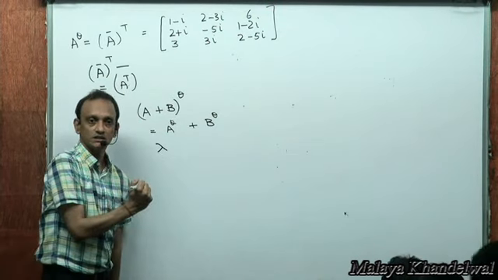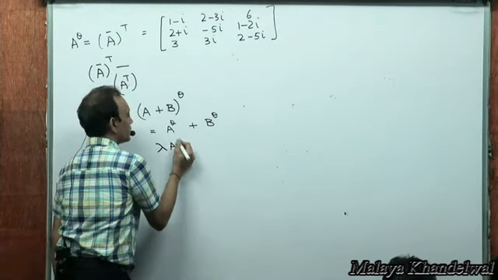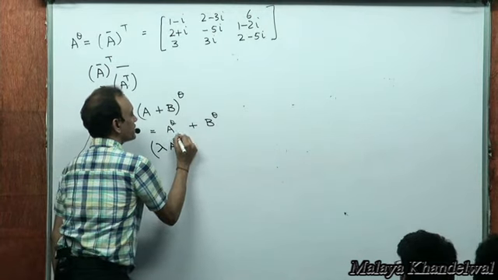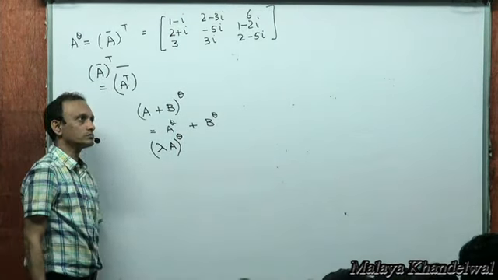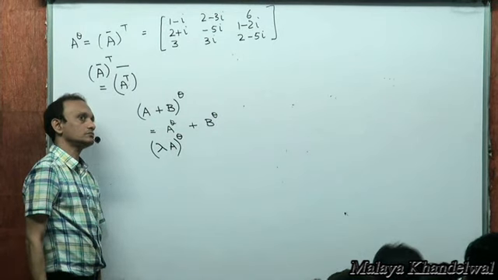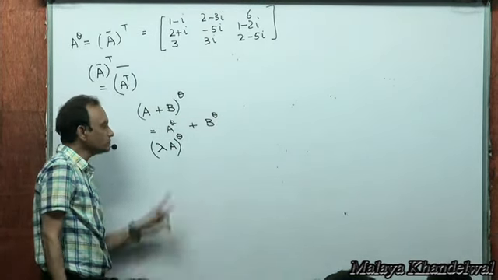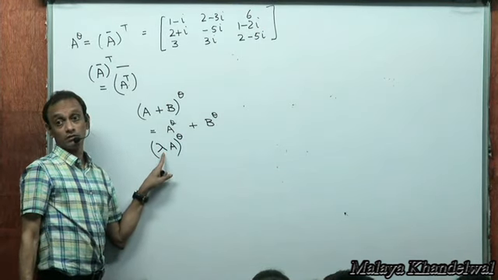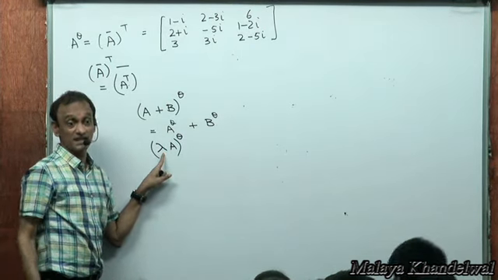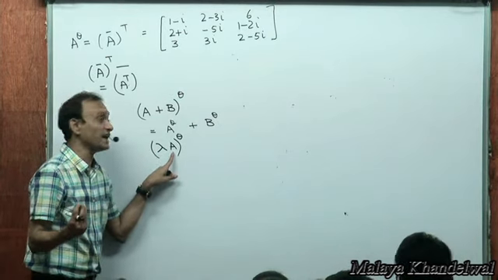Lambda is a scalar. Lambda A theta. Again, this lambda could also have been a complex number. This is a scalar and A is a matrix.